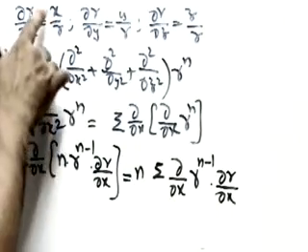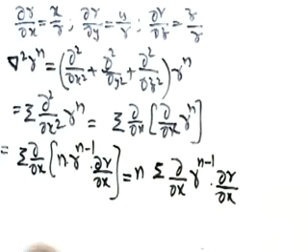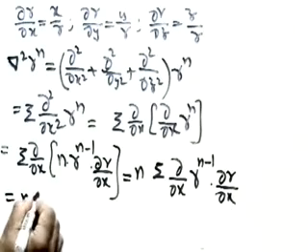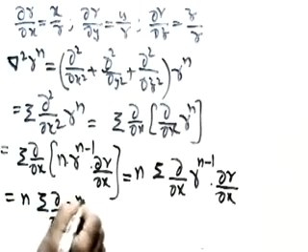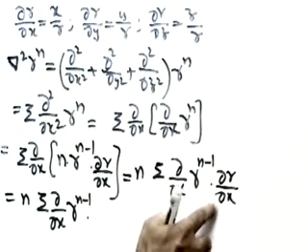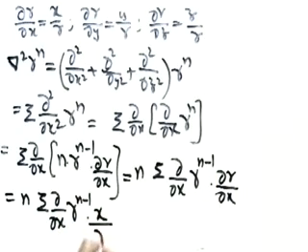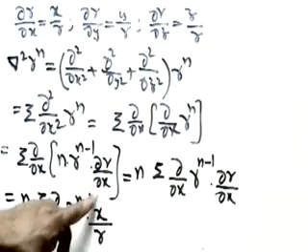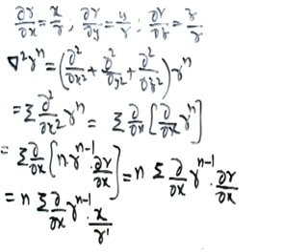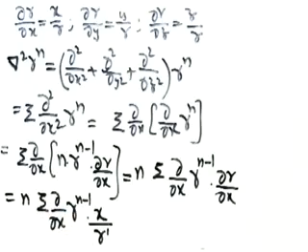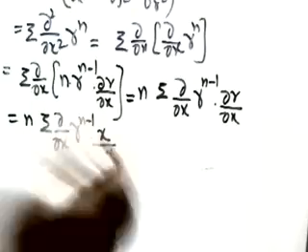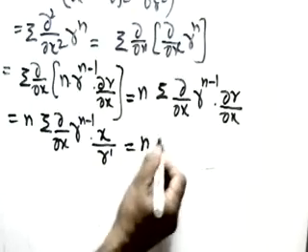Now what is the value of dou r by dou x? We have x by r, so let me substitute this. If you bring this r to the numerator, the power becomes plus 1 with a minus sign, so minus 1 becomes minus 2.